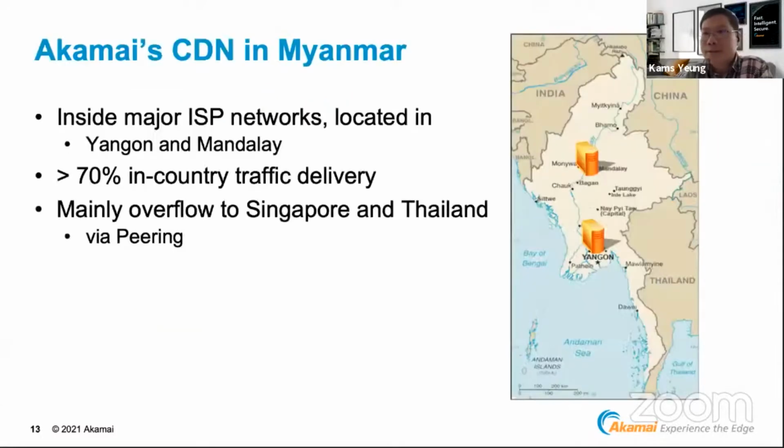So first, Akamai CDN. Myanmar, of course, is a very big country, so we can't deploy servers in every city, or every network provider. But we do have deployment in all the major ISPs. The top few network operators already have Akamai cache servers, and we deploy in Yangon and Mandalay.